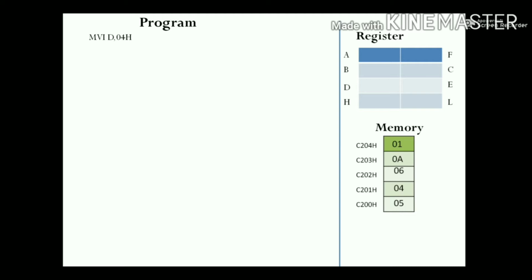That is why we are taking 2 counters. The first counter we have taken as D, that is the register D, where we are going to store 04. Why 04? This is for the number of passes. We need 4 passes as we have 5 numbers of data. So we are assigning D as 04.